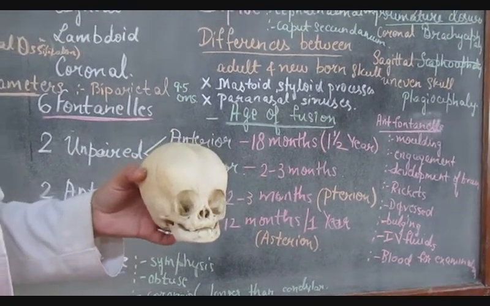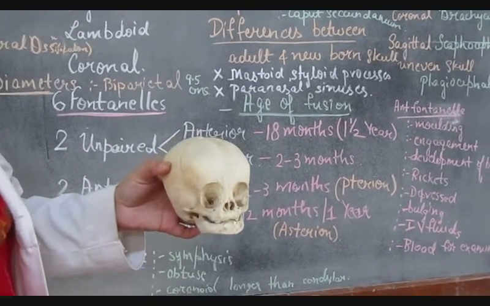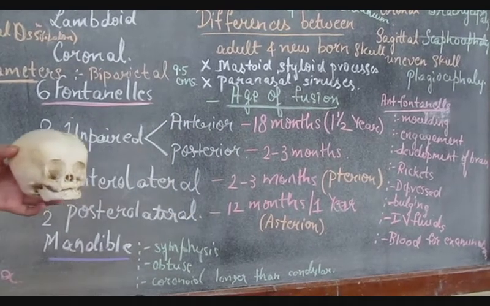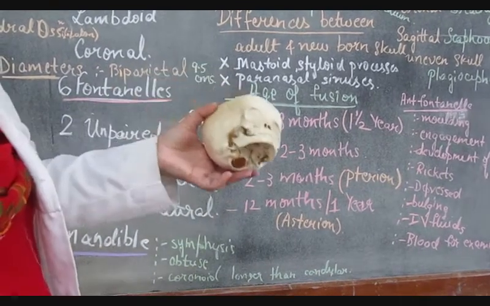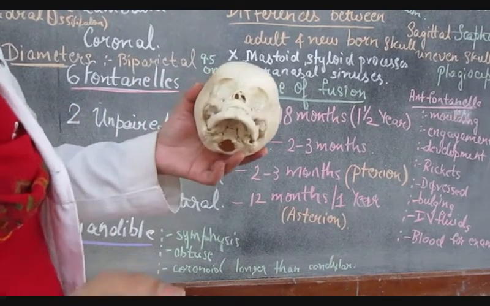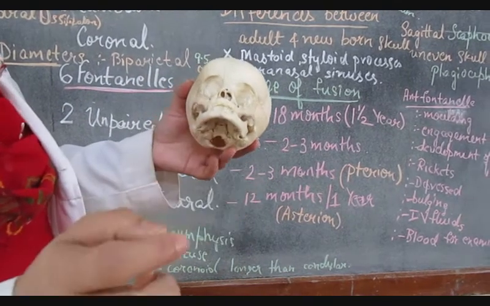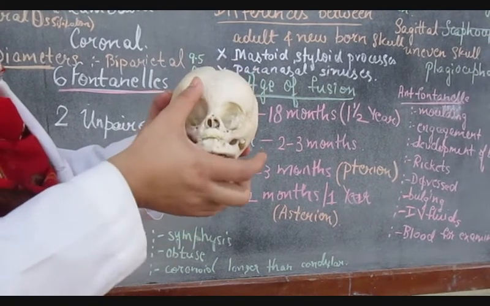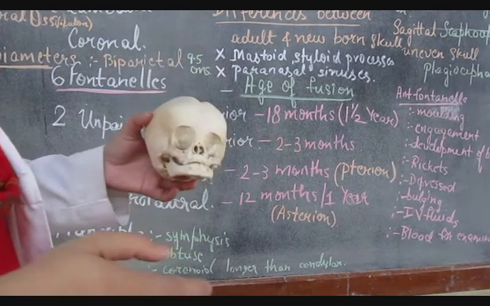Then the differences between adult and newborn skull, I have told you: mastoid process absent, styloid process absent, paranasal sinuses not well developed, maxilla and mandible quite reduced in size, and the face is very small compared to the size of the neurocranium.